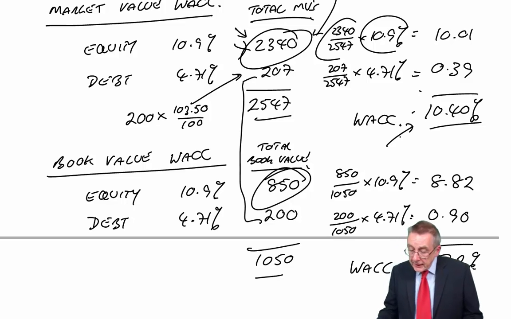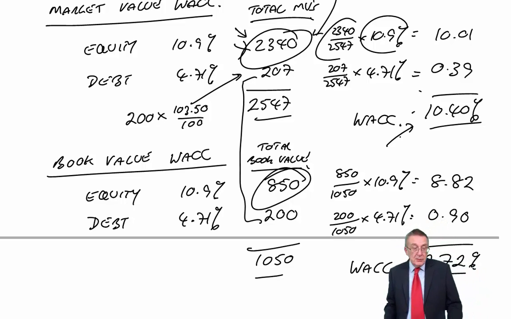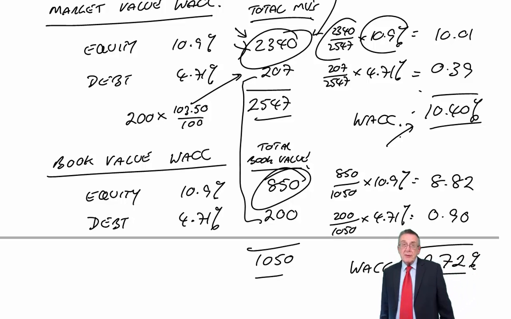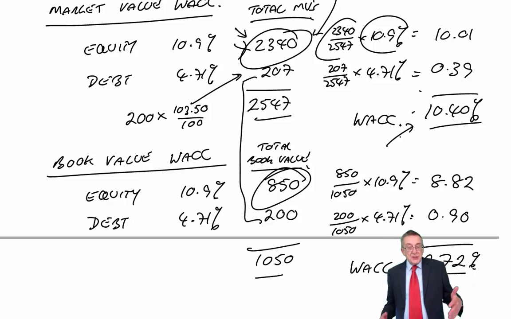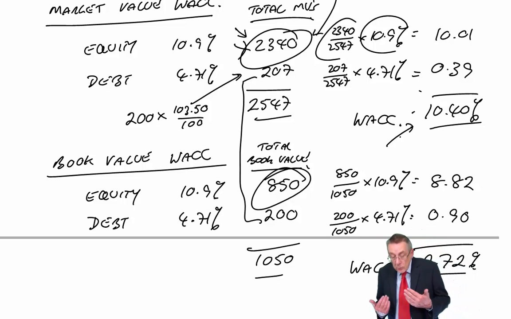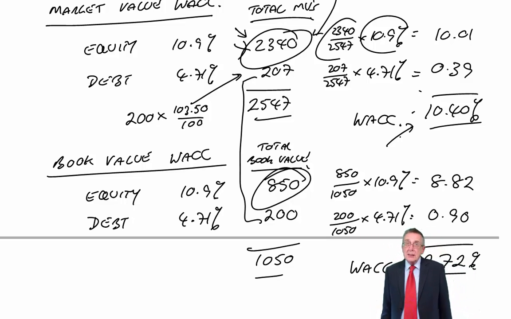So that's the point you need to make. I mean, if I said that too fast, read his answer. But we should use market values. If we used book values, you will almost certainly underestimate; you'll get a lower weighted average. And say why it's going to be lower.